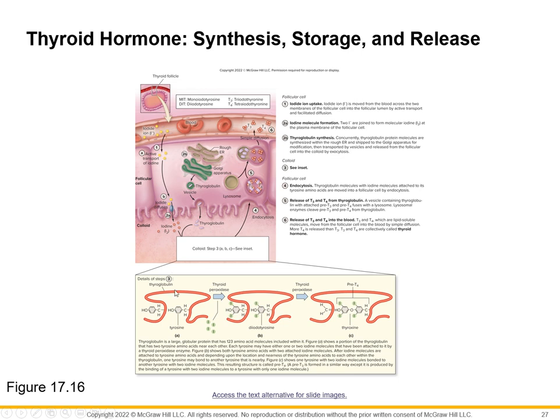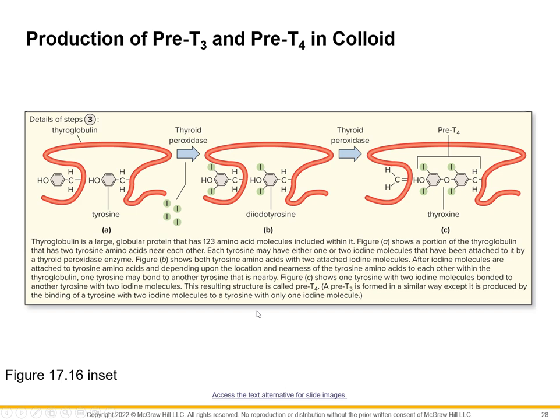What happens in the colloid is summarized with this graphic right down here, and I'm actually going to skip to the next slide because it has a zoomed in image of it. So what we see is this long thyroglobulin protein strand, this red strand, and attached to it we have tyrosine molecules, tyrosine amino acids is what they are.